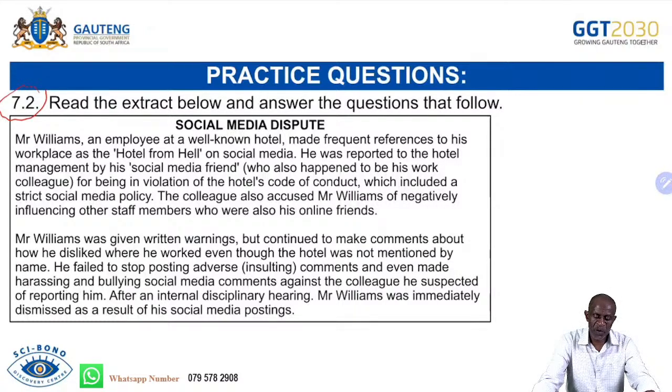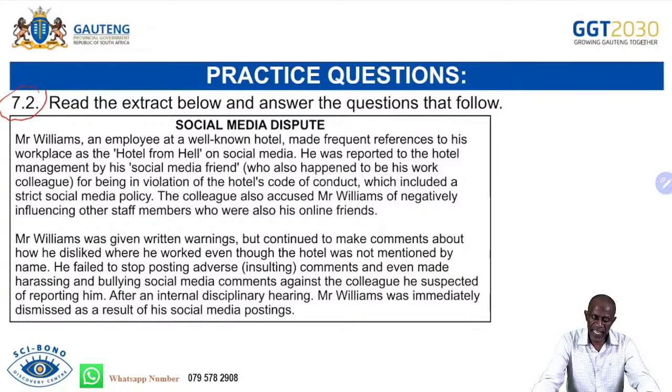Mr. Williams was given written warnings, but continued to make comments about how he disliked where he worked, even though the hotel was not mentioned by name. He failed to stop posting adverse or insulting comments and even made harassing and bullying social media comments against the colleague he suspected of reporting him.